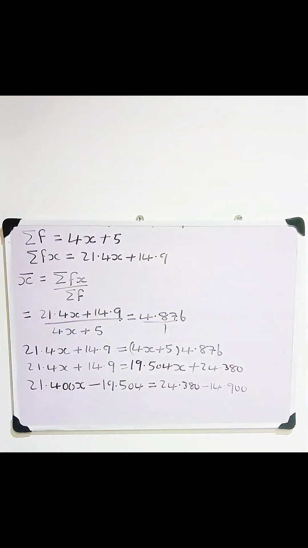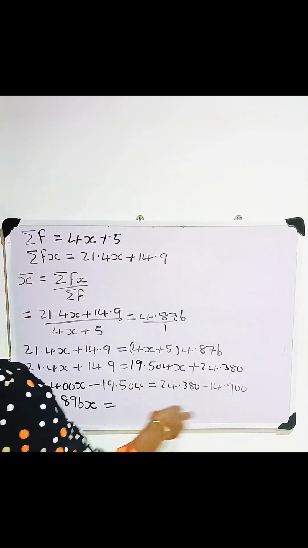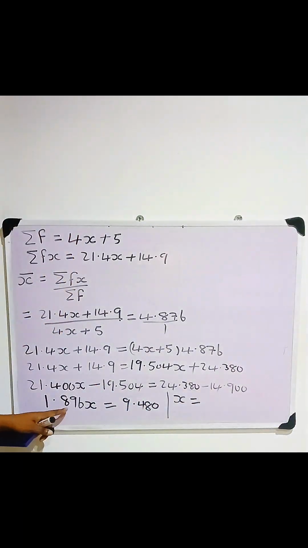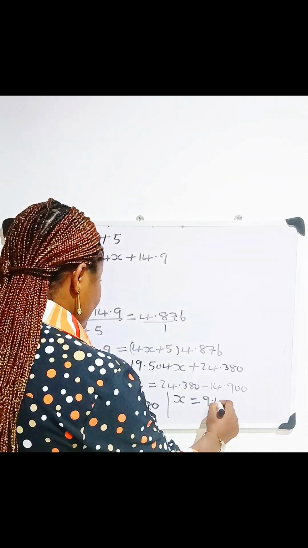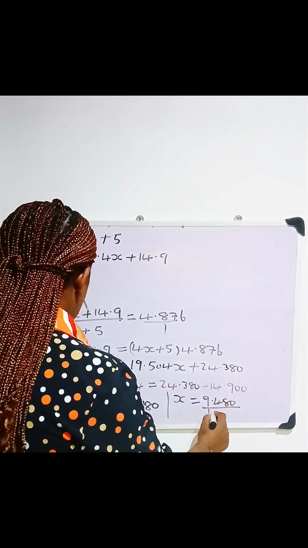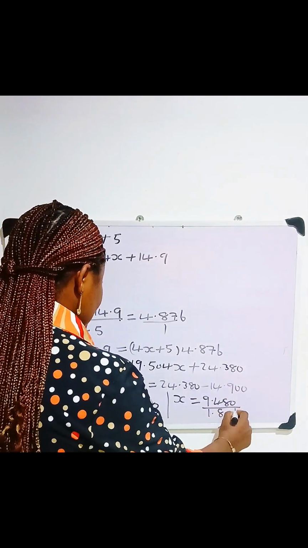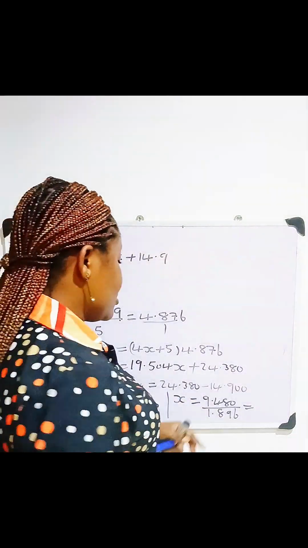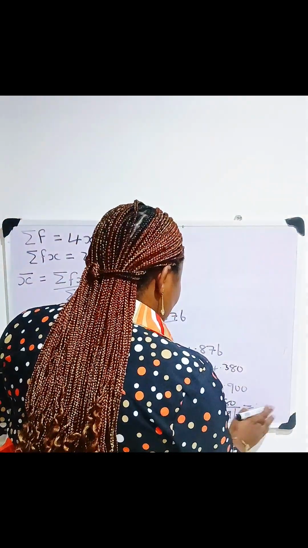So this gives us 1.896x equal to 9.480. So x will be equal to 9.480 divided by 1.896. Feel free to use your calculators at this point. When you use your calculator to divide this by this, you realize that we have 5.